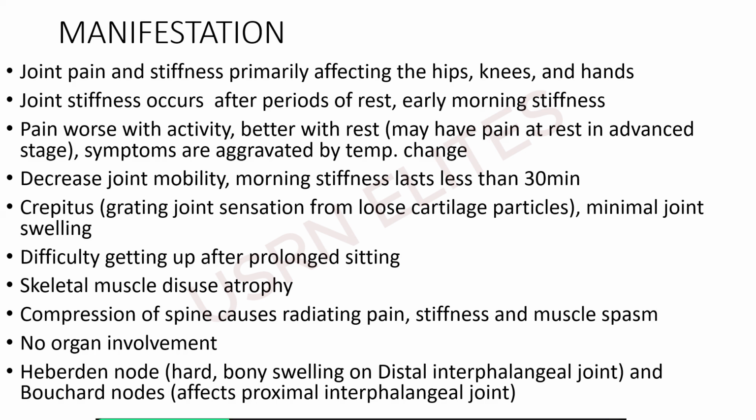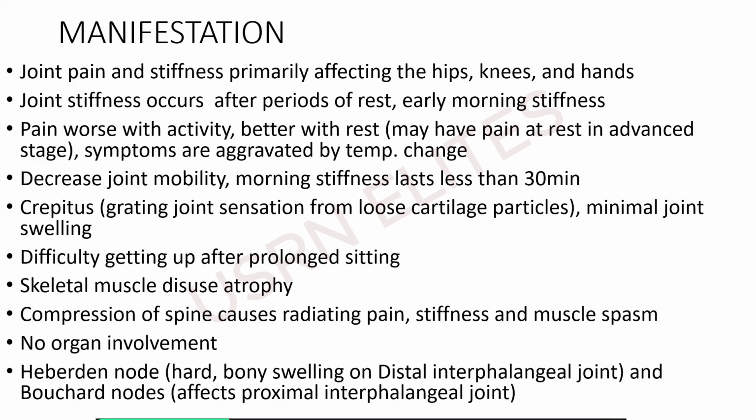Okay, that is it. So minimal joint swelling, because I told you this is non-inflammatory. So the swelling is minimal, unlike rheumatoid, which has to do with the flow of blood. So swelling is much there. But with this one, there's minimal joint swelling. Difficulty getting up after prolonged sitting. The same thing with rheumatoid, because when you lie down for a long time, getting up becomes difficult.